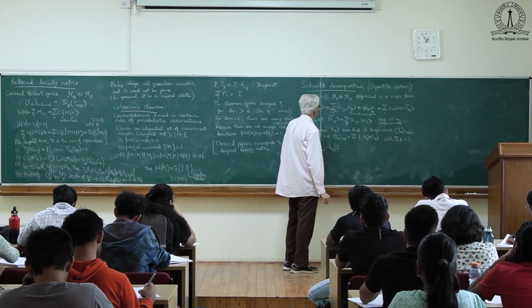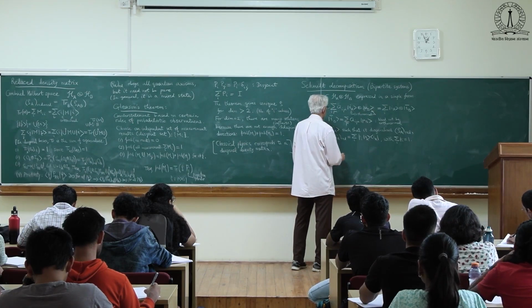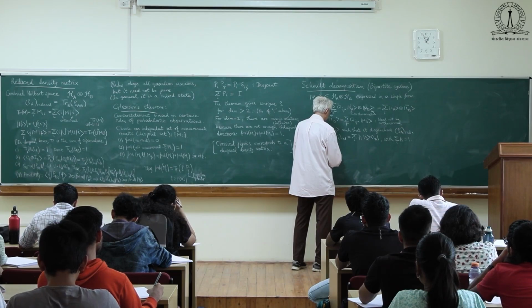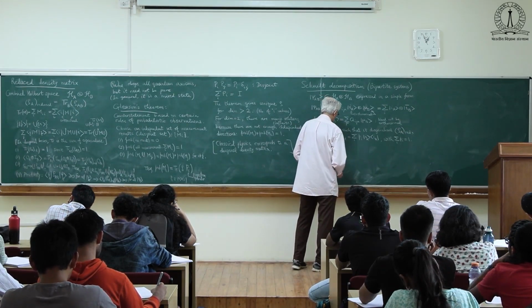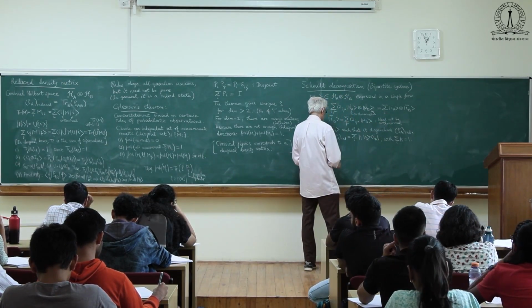Trace over B is actually just a sum over mu, but okay, let me just write it more explicitly. I have to write all the coefficients, or I will just write it in this language.